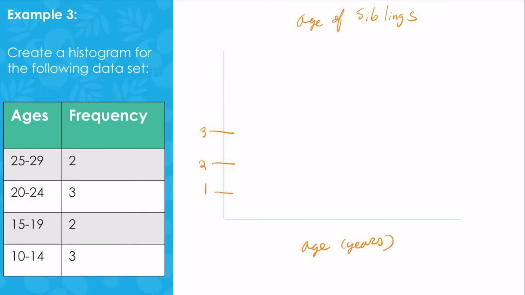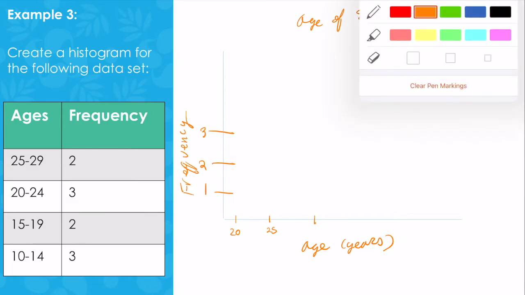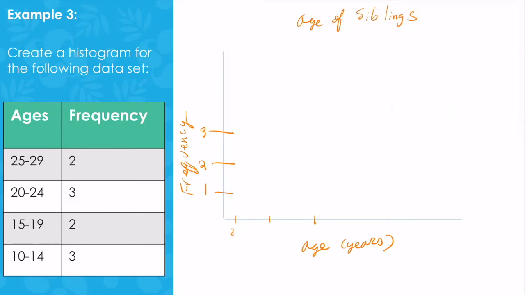That's my highest frequency. We've got the frequency on the left here. Okay, so I have 20, 25. Oh, I started it wrong, right? It starts younger than that. Okay, so I've got 10, 15.